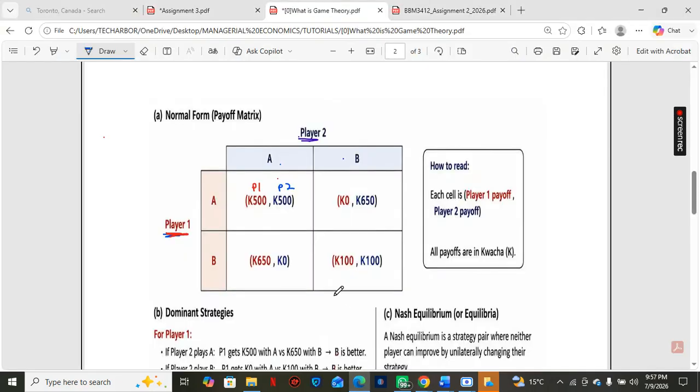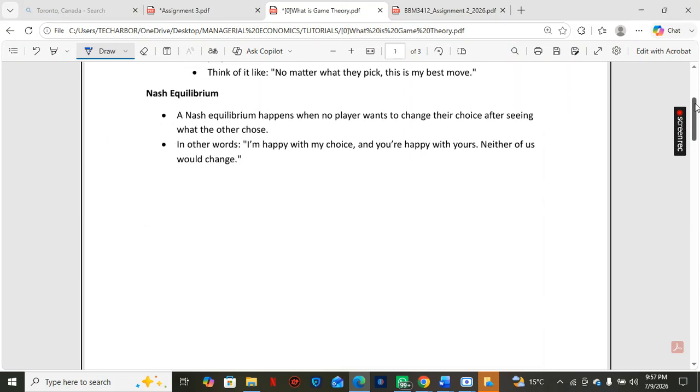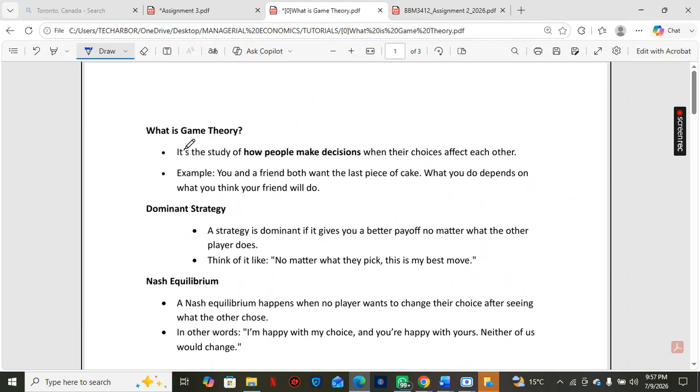Game theory. Here it is. It's a study of how people make decisions when their choices affect each other. So how people or companies make decisions when their choices affect each other. That's what game theory is.